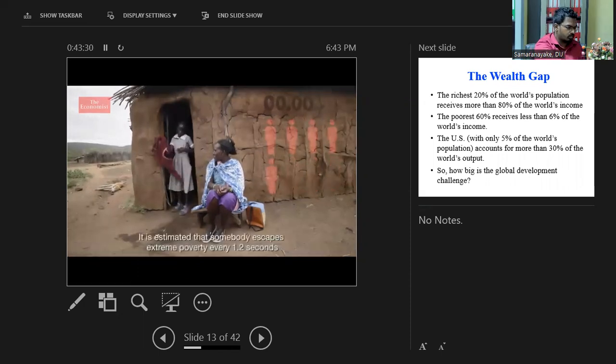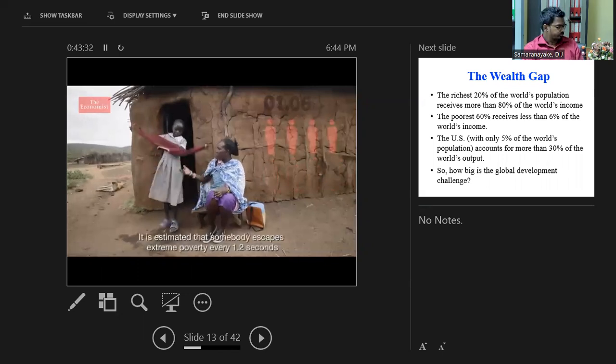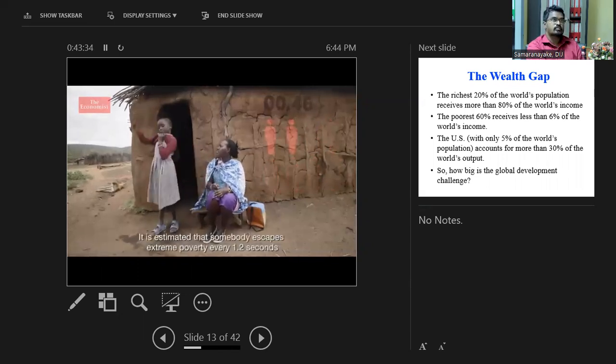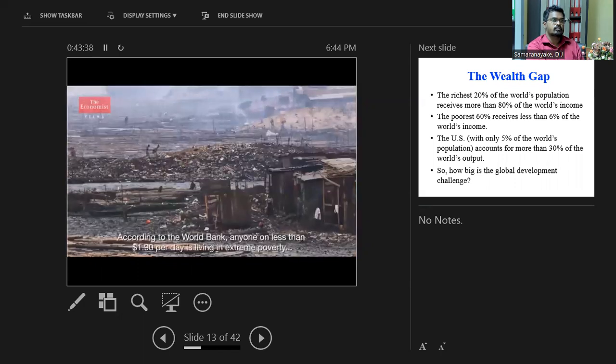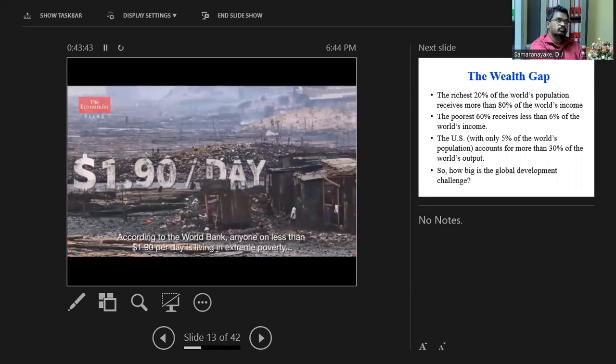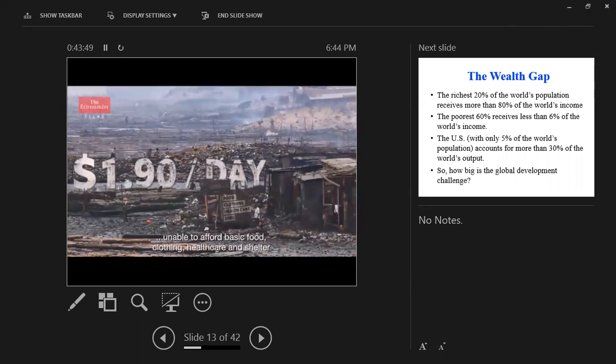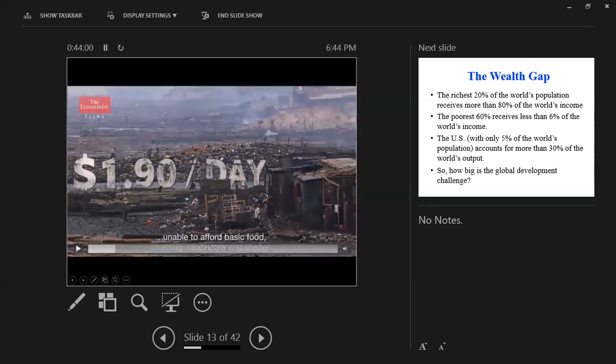It's estimated that somebody escapes extreme poverty every 1.2 seconds. According to the World Bank, anyone on less than $1.90 per day is living in extreme poverty, unable to afford basic food, clothing, healthcare, and shelter.